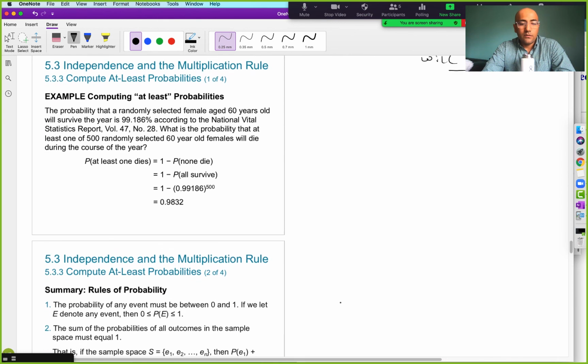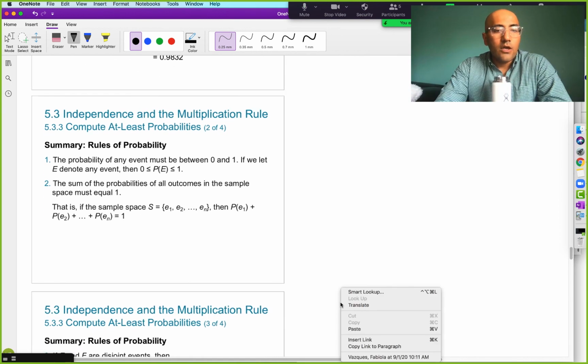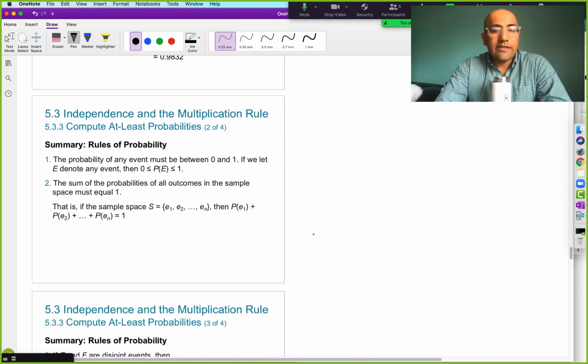Good. Okay, quick little summary of the probability rules we have so far. We know that probabilities of any event must be a value between 0 and 1 inclusive, right? So if E denotes any event, each probability must land between 0 and 1 inclusive of the endpoints. The 0 means that it never happens. A 1 means that there's a 100% chance it will definitely happen.